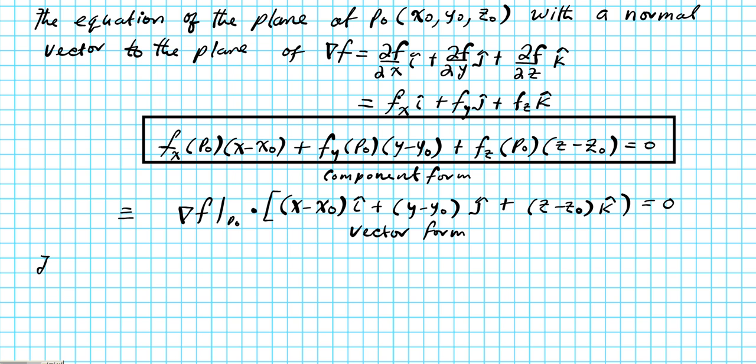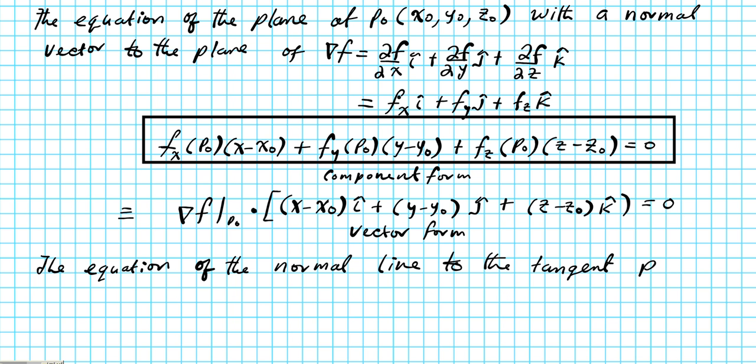So the equation of the normal line to the tangent plane at p sub 0, which is x sub 0, y sub 0, z sub 0.